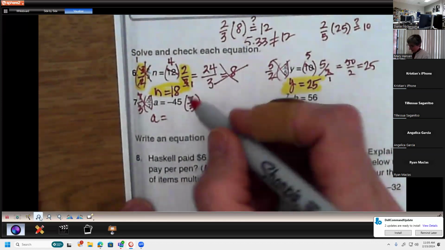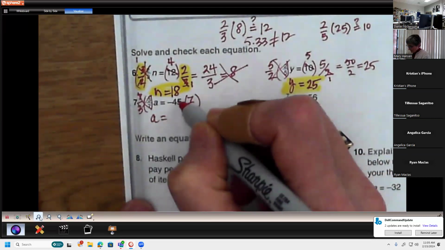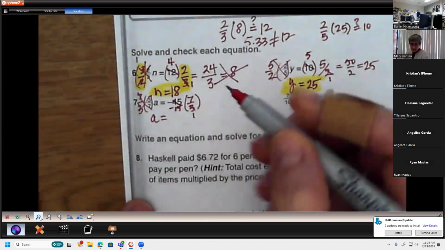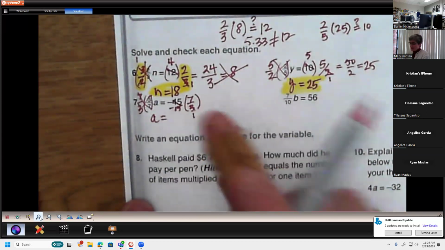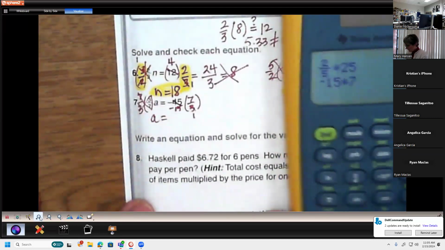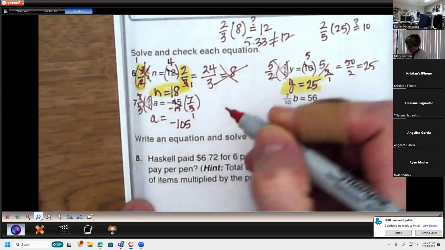But you can say 3 divides into 3 1 time, and 3 divides into 45 15 times, and it's negative. And so that negative 45 becomes a negative 15, and now I just have to multiply negative 15 times 7 instead of 45. So I got negative 105.